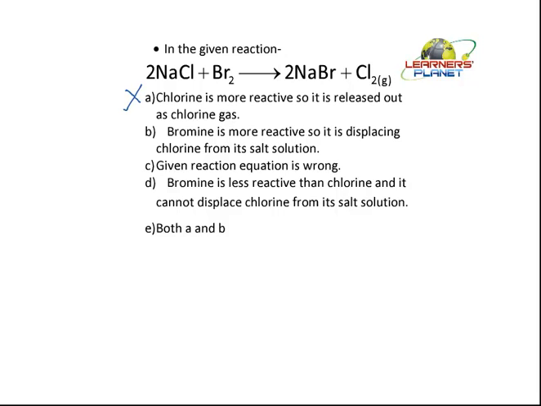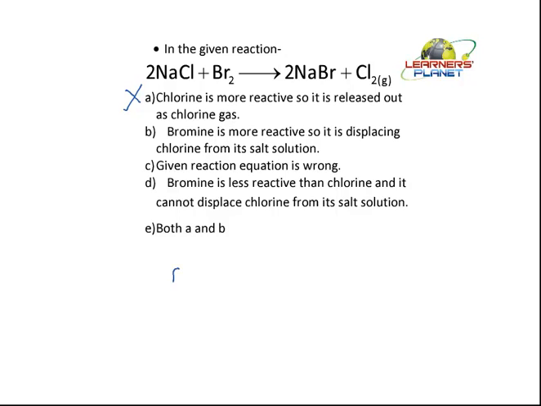Now let's take up our next option. Bromine is more reactive, so it is displacing chlorine from its salt solution. Is bromine more reactive than chlorine? How do we find out the reactivity of non-metals? We find out the reactivities from the position of the non-metal in the group.